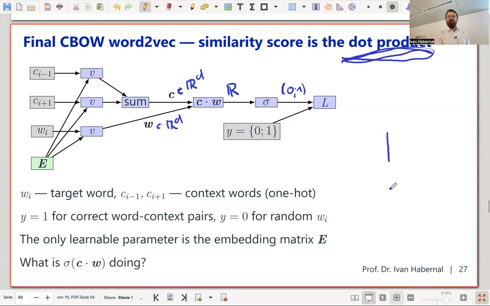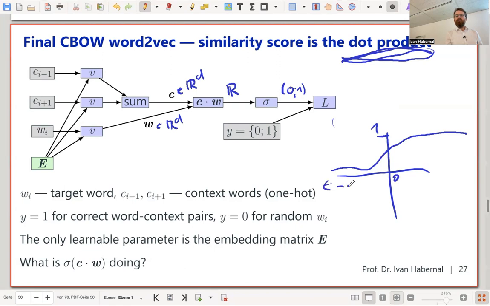What is sigmoid again? I guess below 0. Exactly. So this is something like sigmoid. The more negative you are for sigmoid, the closer you get to 0 at the output, right? So here's 1 and here's 0. The more negative you are, the closer to 0. And the more positive you are for sigmoid, the closer to 1.